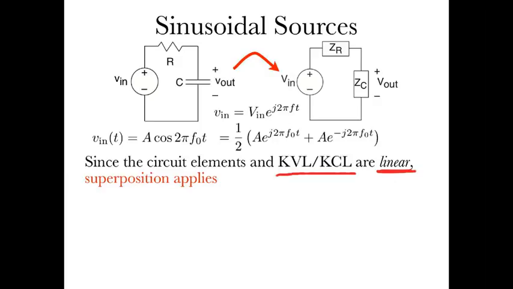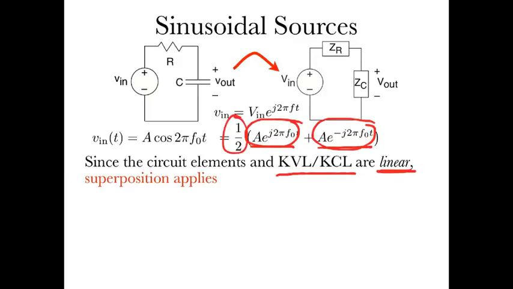Remember what the definition of linear was. That if the input consists of a sum of terms, the output also consists of the sum of the outputs to each term considered separately, and you just add them up and multiply by a constant if there are any out there.